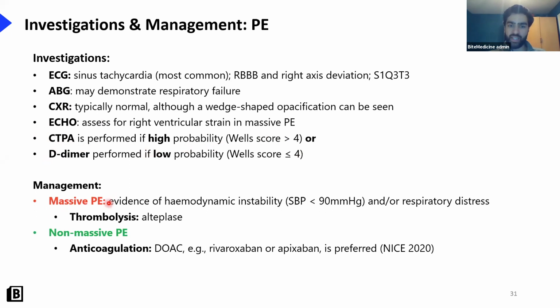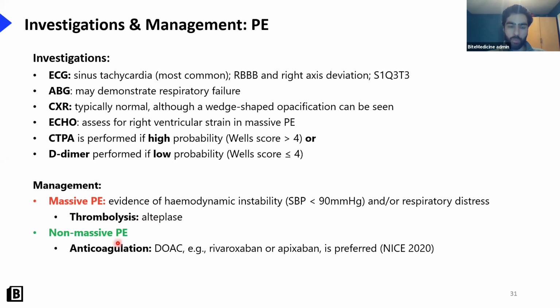Management of a massive PE, i.e. someone who's hemodynamically unstable, is thrombolysis, which is exactly the same as fibrinolysis, and that's typically with alteplase, a clot-busting drug. That's a drug which activates your plasmin, your fibrinolytic pathways, and actively breaks up the clot.